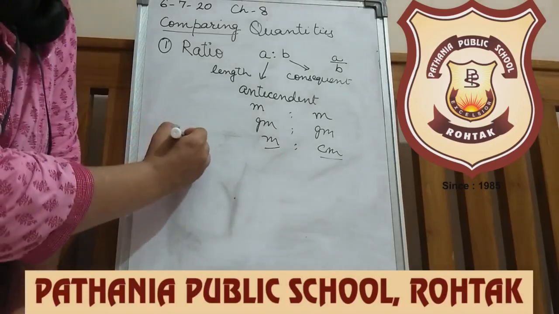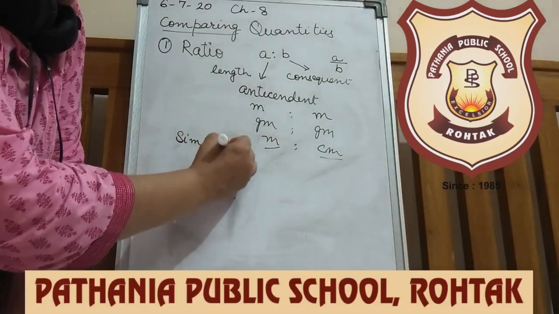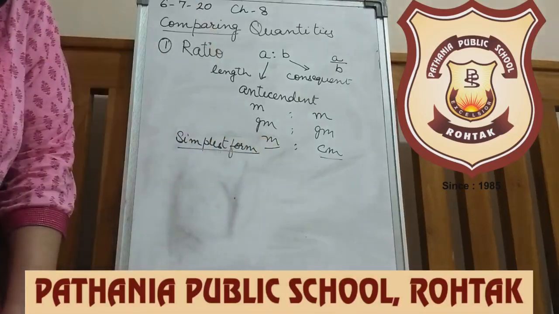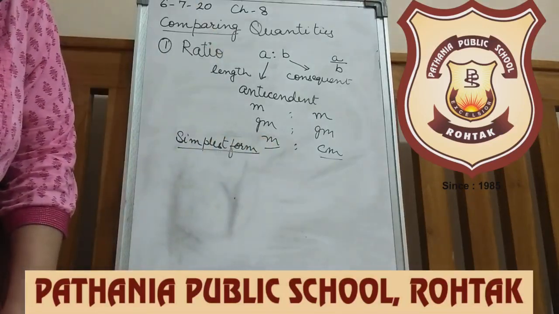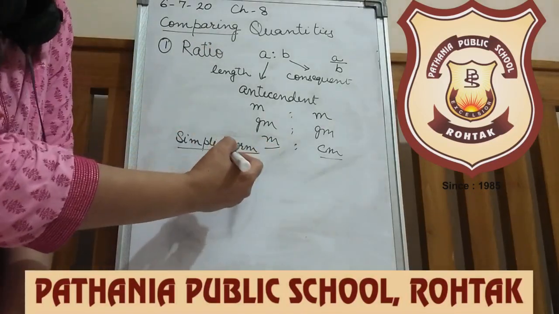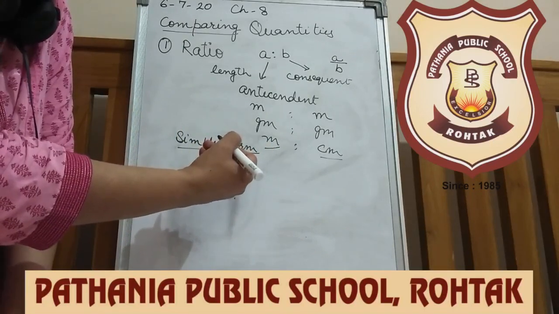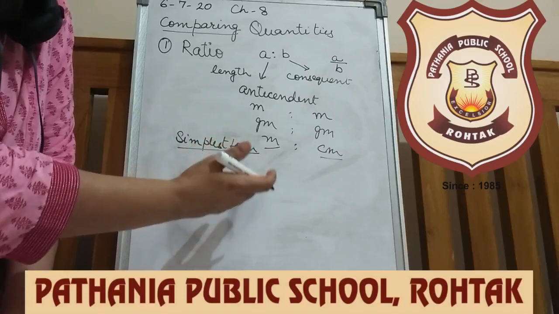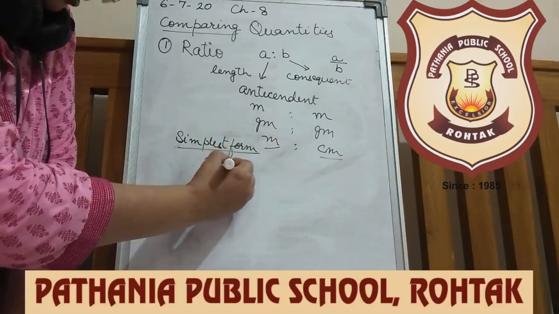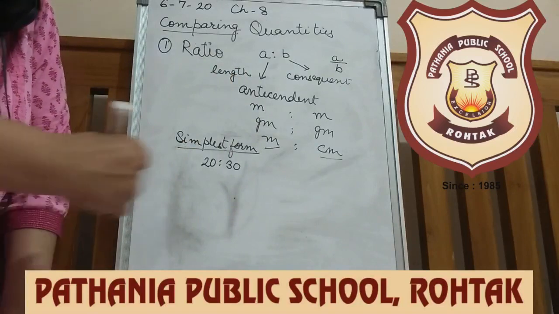Now, writing the simplest form is the same as what you have done for fractions. How you were writing the fractions in the simplest form is by taking the HCF of the numerator and denominator. So here also, suppose I give you 20 is to 30. This is your ratio. Write it in the simplest form. What will you do?